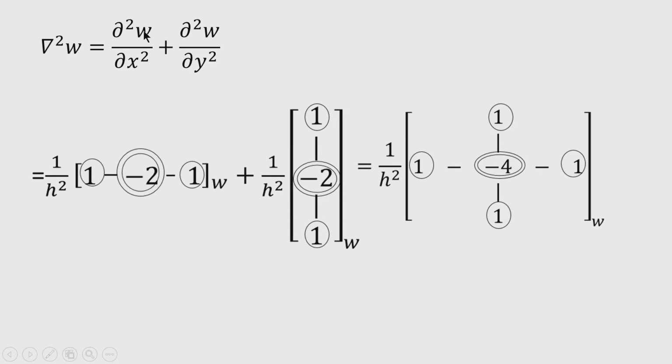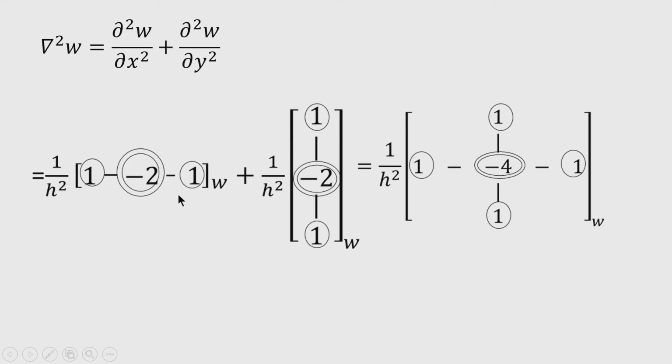So, let us also express this del square w by del square w by del x square plus del square w by del y square. So, we have found that the second derivative of w with respect to x is 1 by h square times 1, minus 2, 1. That means minus 2 is the coefficient of the deflection value at the node where you want to place the stencil.